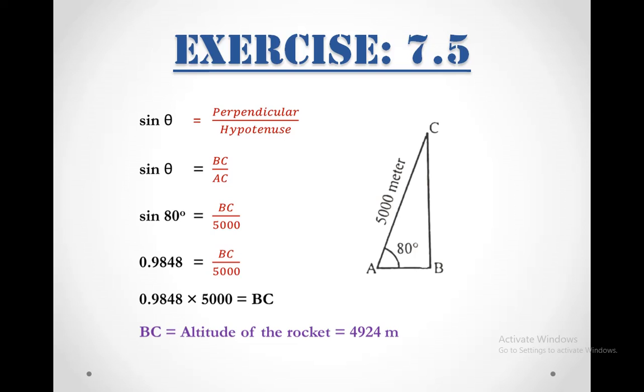Calculator gives us the value of sine 80 degree as 0.9848, that is equal to BC over 5000. To calculate BC, we just need to multiply 5000 with 0.9848. We can have our answer as 4924 meter, the altitude of the rocket. Hope you can understand it easily.